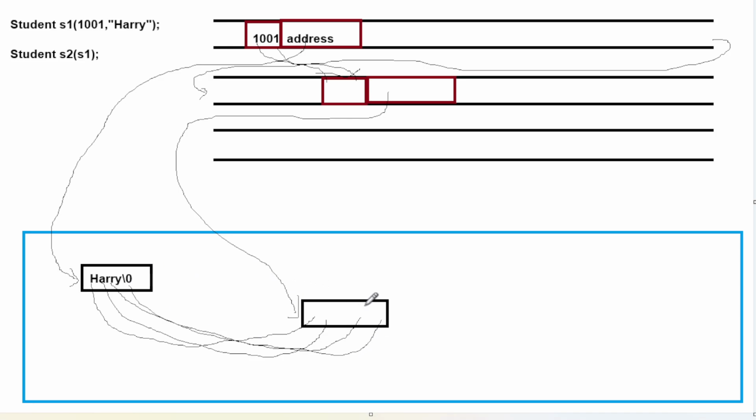So you copy character by character, and the result is you will have a copy of that data stored here. So this copying is called deep copying. Let me write it here. And this sort of copying is called shallow copying.